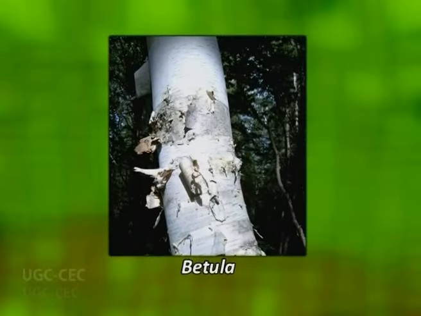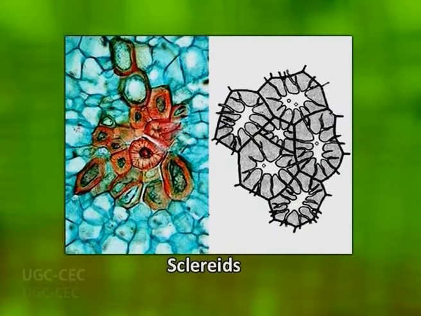Sometimes non-suberized cells known as phelloids also occur in the cork. In Betula, alternating layers of suberized and non-suberized cells are present, and because of this the cork peels like sheets of paper. In some plants, crystal containing cells and sclereids may also be present in the cork.